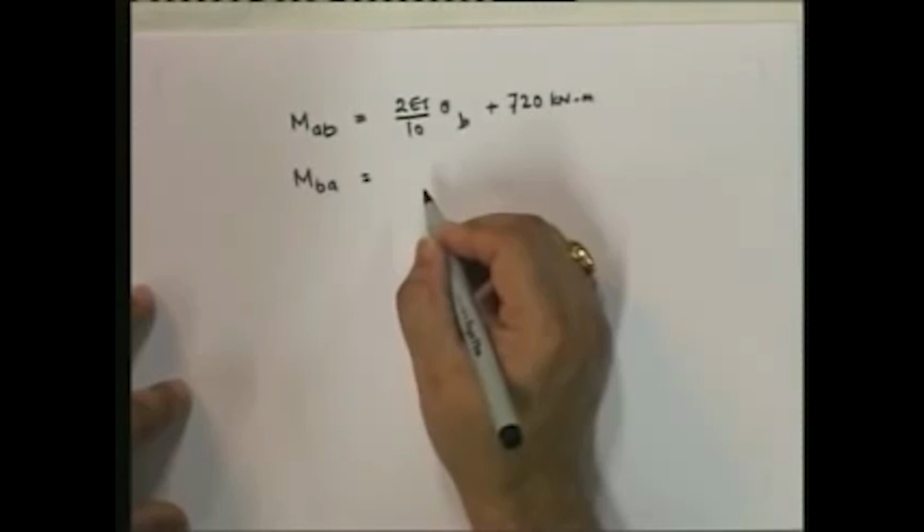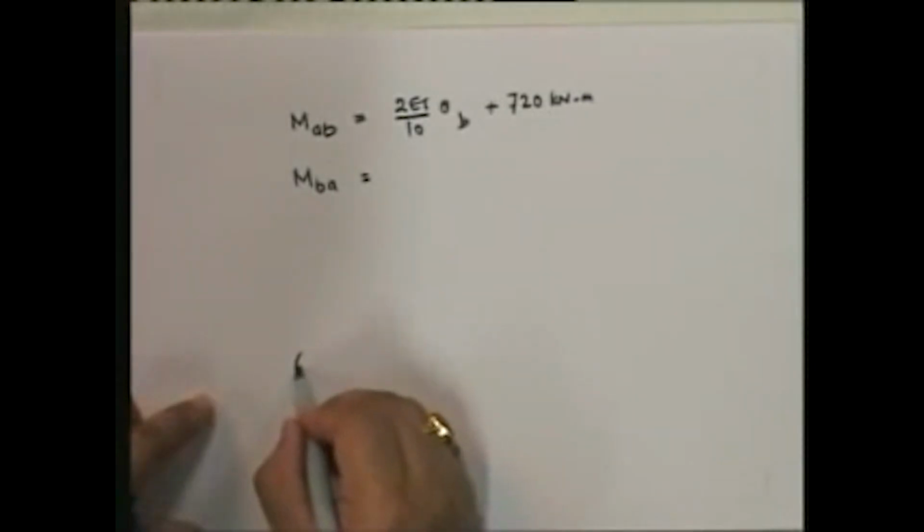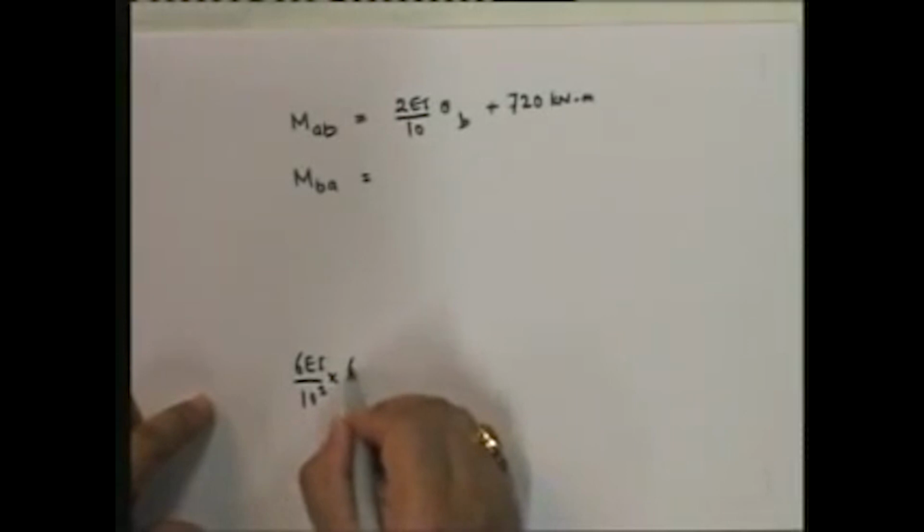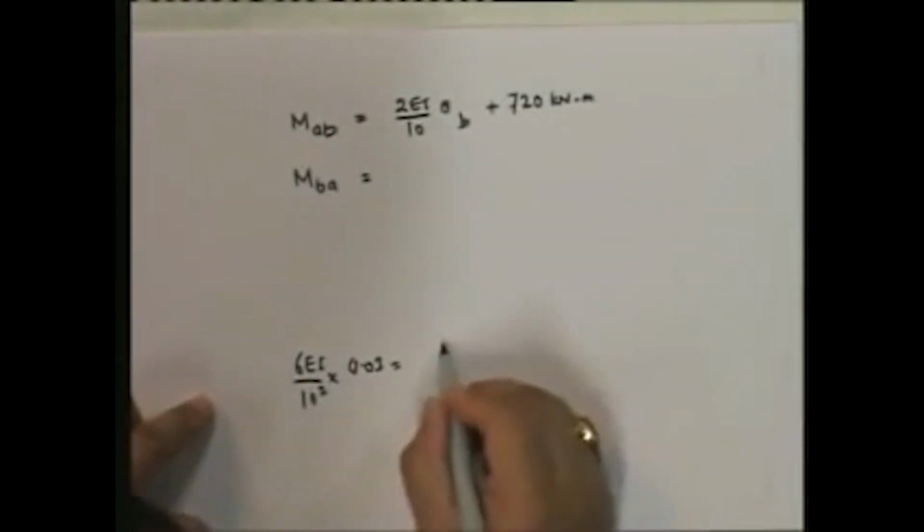Note that I'm just going to go through this a little bit. Let me show it to you. You might be a little bit confused. You see, what I'm doing is 6EI upon 10 squared into 0.03.